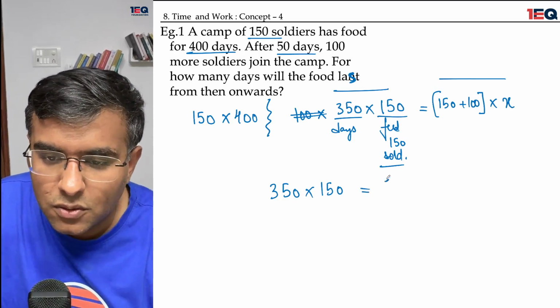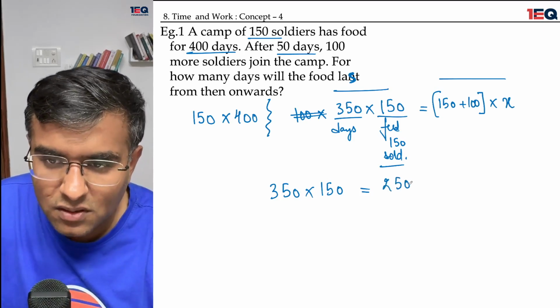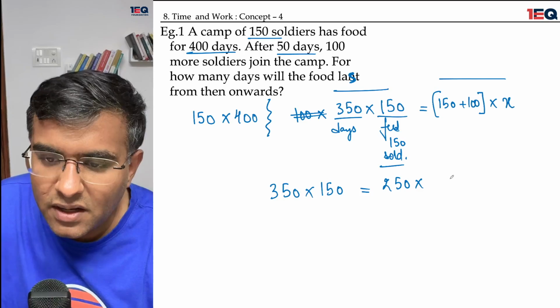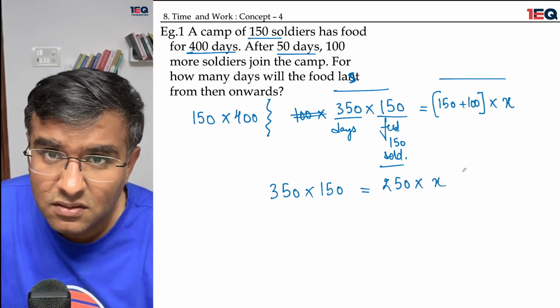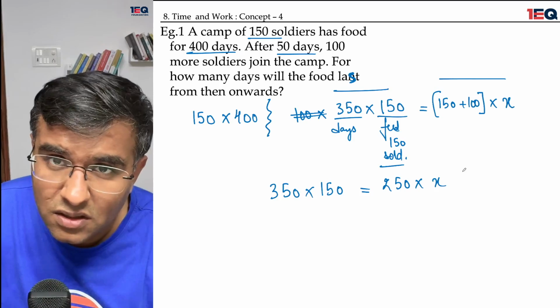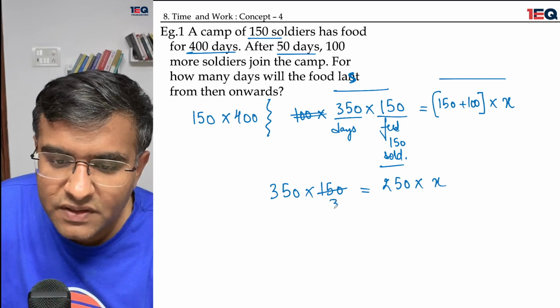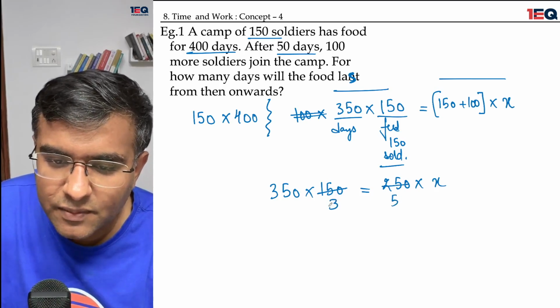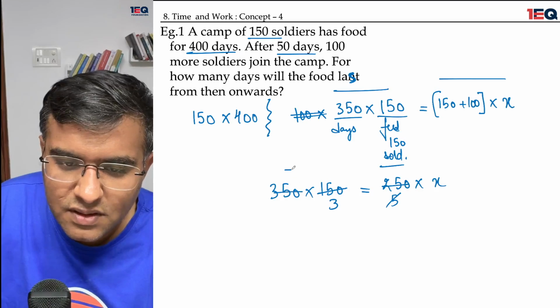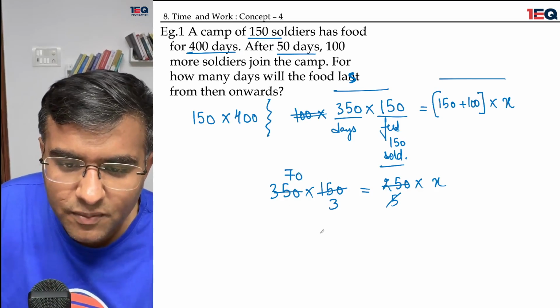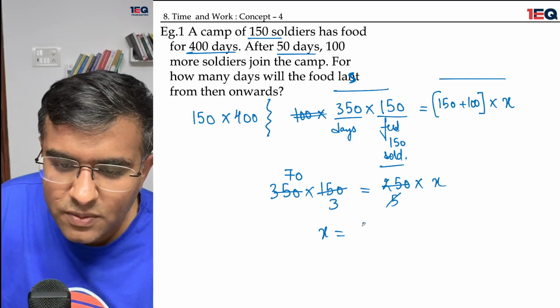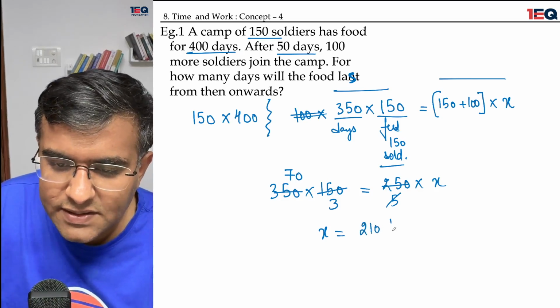This is equivalent to 250 soldiers now, and X is the number of days they are supposed to be fed. I need to find the value of X. I'll quickly do it. 5 3s are 15, 5 7s are 35, 350. This gives me the value of X to be 210 days.